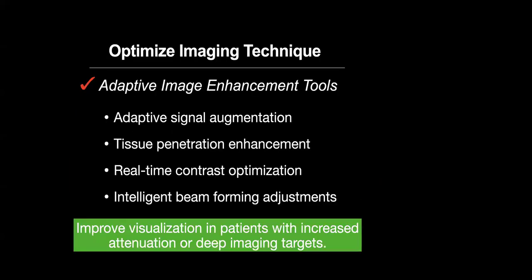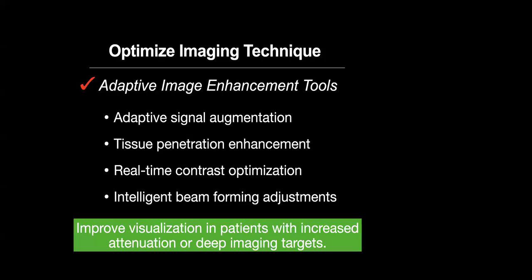Other tools that are present on your ultrasound machine, especially with the current improved ultrasound imaging, and industry is really working hard to support us and how we could improve outcomes, right? So it's what we call the adaptive image enhancement tools.